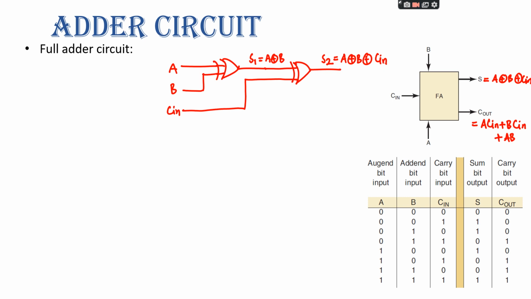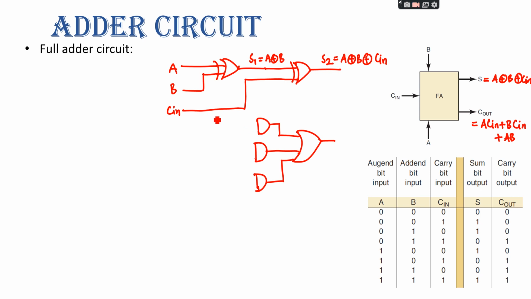Similarly, if we want a circuit for C out, what would it be? The circuit of C out would be a summer circuit. So we'll need an OR gate whose inputs come from three AND gates. The first AND gate here, the second AND gate here, and the third AND gate here.